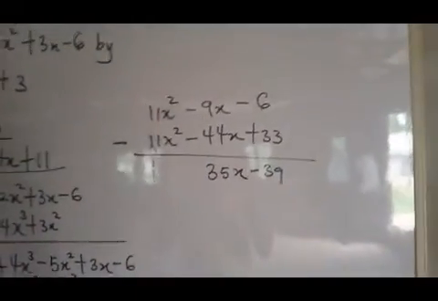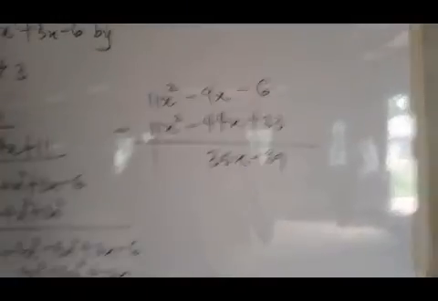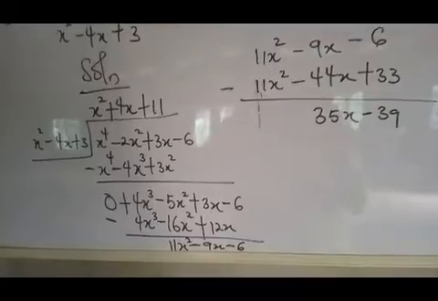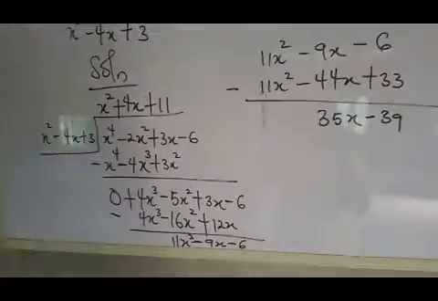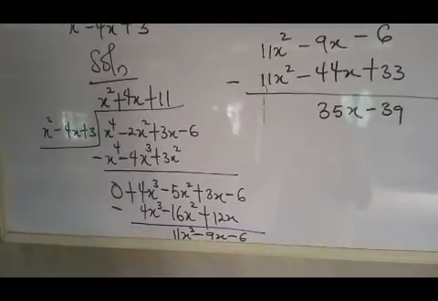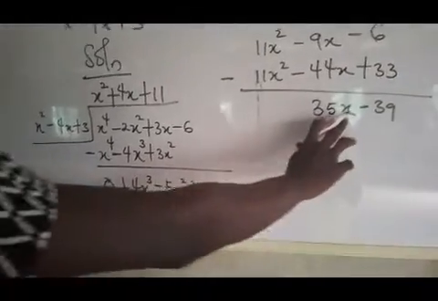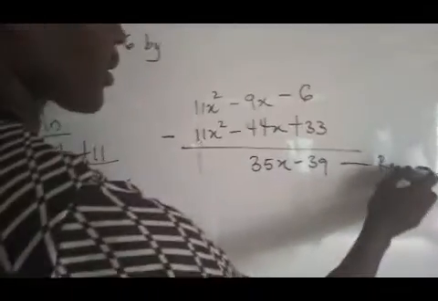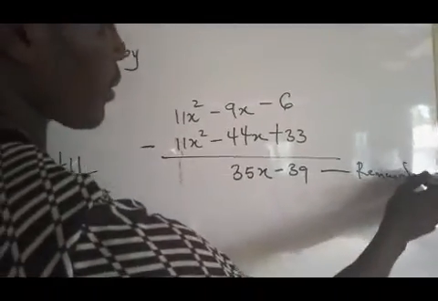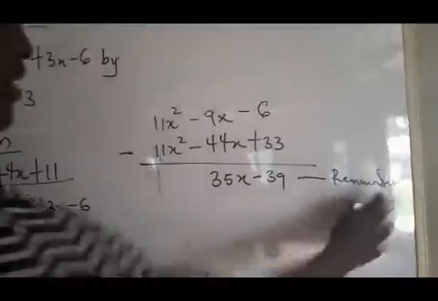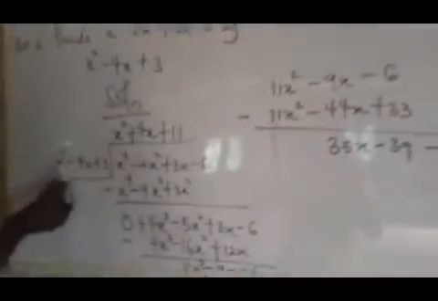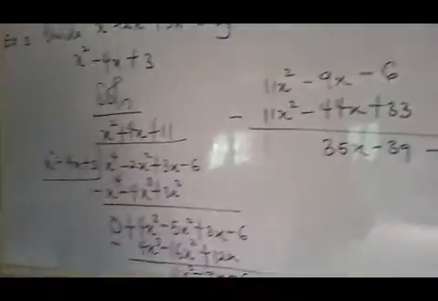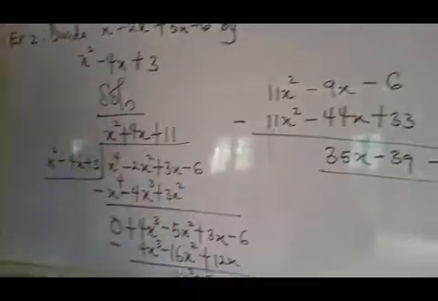Now if you look here, our divisor is x squared, and under our dividend we have 35x, and x squared cannot go in x, so automatically this is our remainder, because x squared cannot go in x; it is not possible.